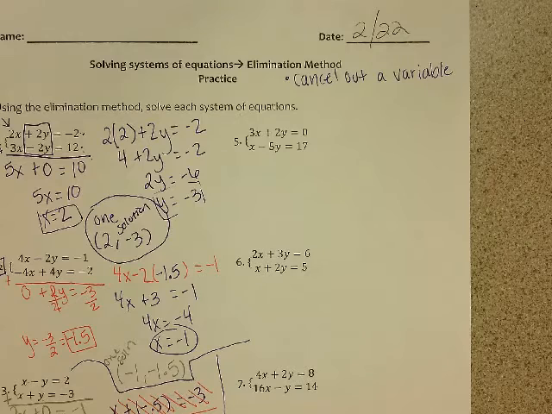I can multiply this side by 10 as long as I do what to this side? Multiply by 10. Okay? So that's what we're going to do to be able to solve by elimination. So we're going to multiply one of our equations to get one variable to cancel. So what variable do you think will be easier to cancel?